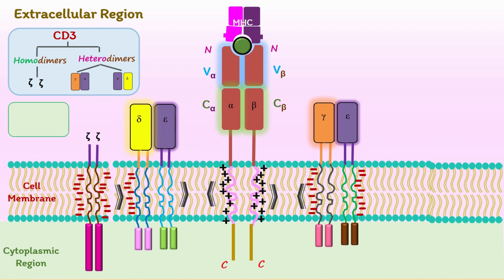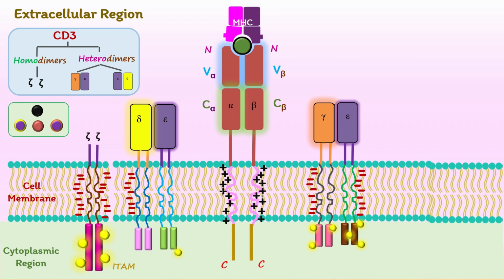If we look at the arrangement of these receptors from above the T-cell, this dot represents the location of the T-cell receptor. Two heterodimers of CD3 are present on both sides of the T-cell receptor, which are gamma and epsilon, and the other is delta and epsilon, while this is the arrangement of the zeta homodimer.